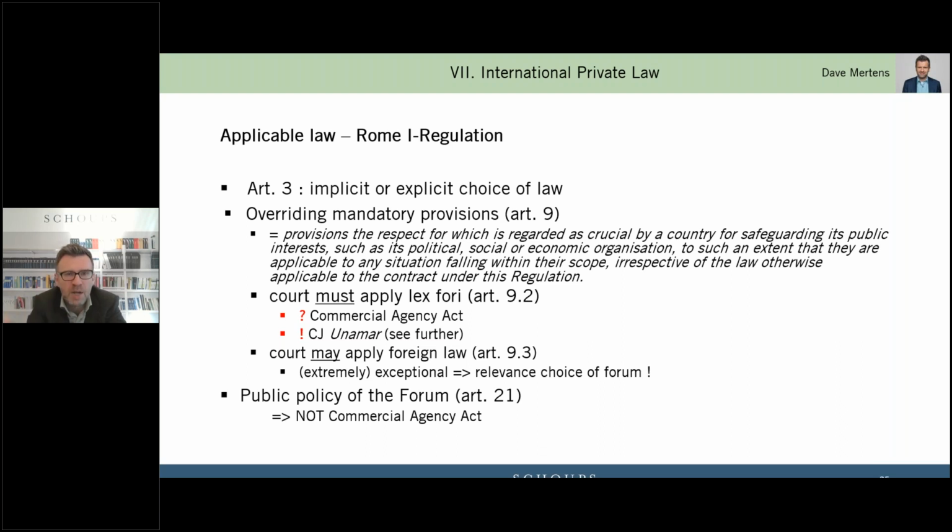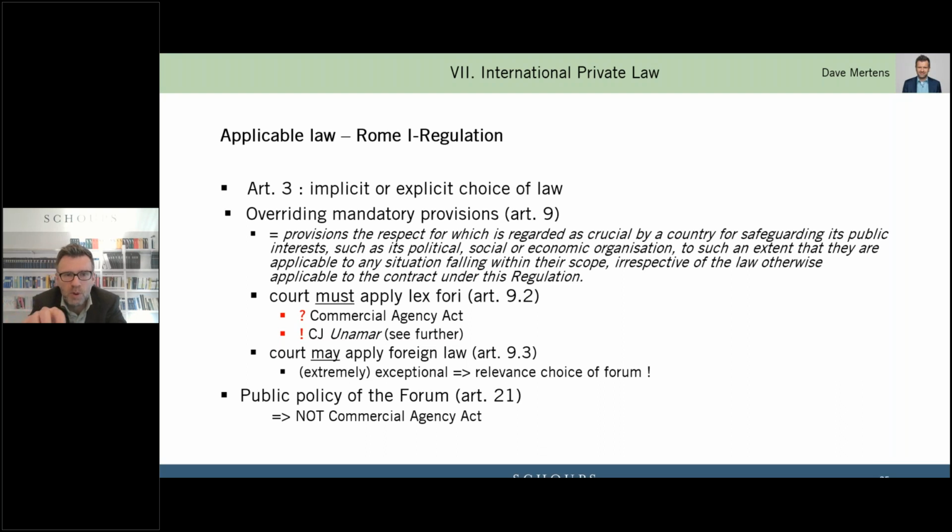One exception is sometimes relevant, namely the Rome I regulation imposes on the national court to apply its own law to the extent that law is an overriding mandatory provision, and allows the court to apply foreign law to the extent of overriding mandatory provision, to set aside the choice of law made by parties.